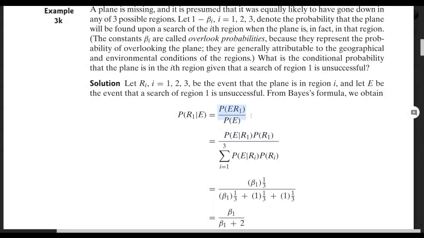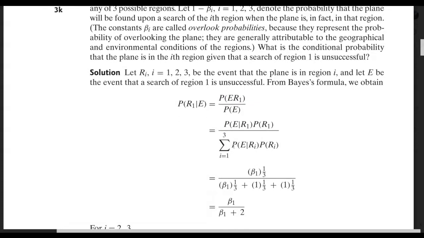This is the intersection of those two. Then divided by the probability of E, the event that a search in region 1 is not successful.